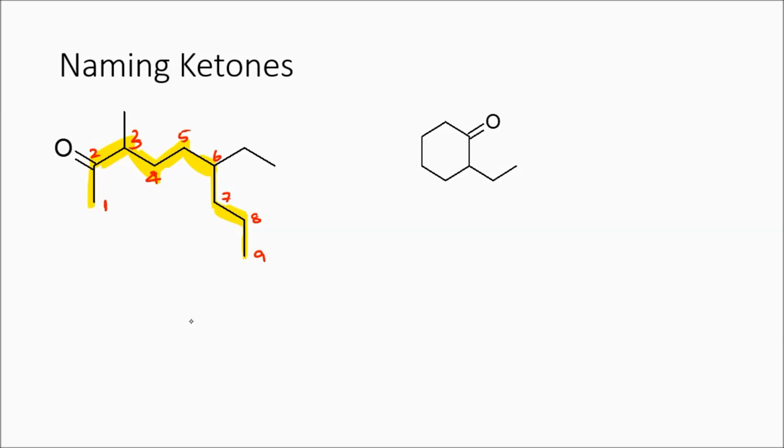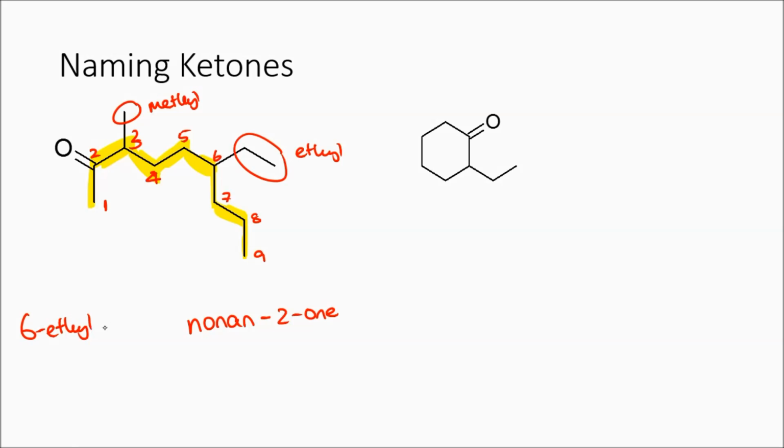So it's nonane, and then 2-one. And let's look at everything else. Here I have a methyl group at the 3 position, and I've got an ethyl group at the 6 position. So 6-ethyl, 3-methyl, nonan-2-one.